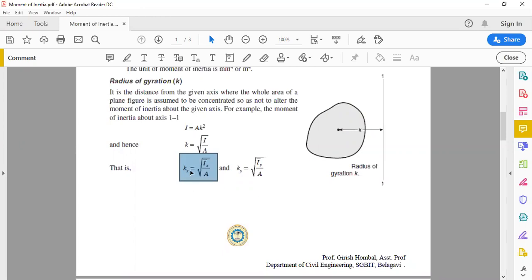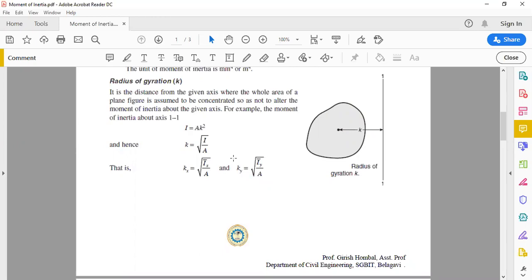So when you are calculating it with respect to x-axis, you are going to substitute Ixx in place of I, whereas when you are calculating it with respect to y-axis, you are going to substitute Iyy in place of I. So this is how we are going to calculate the radius of gyration for x-axis as well as for y-axis.